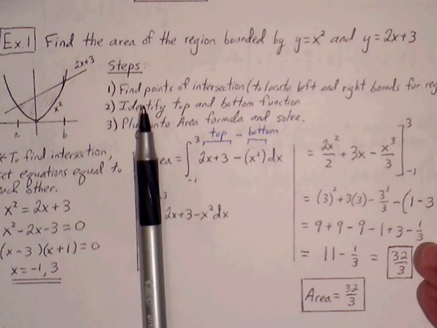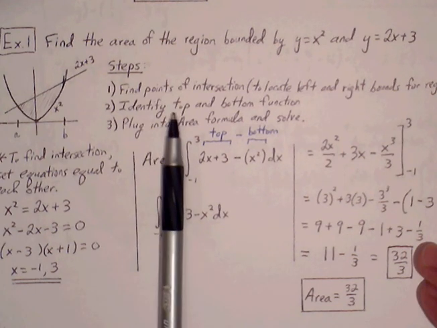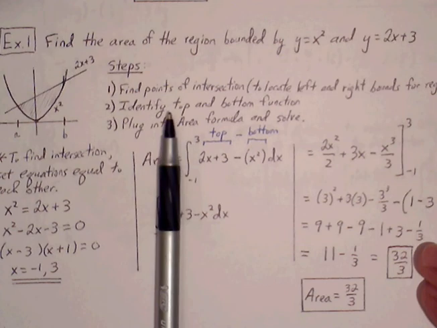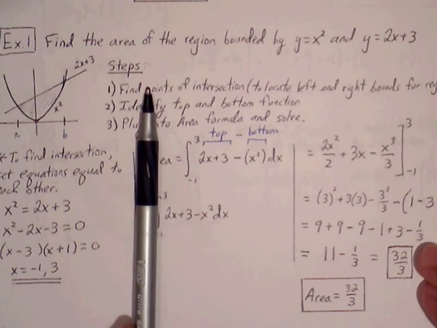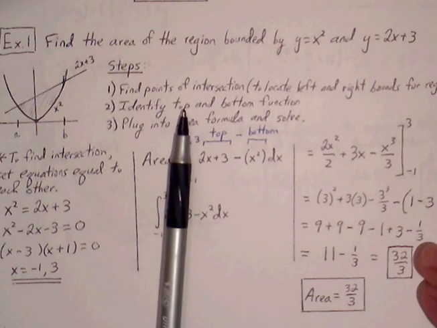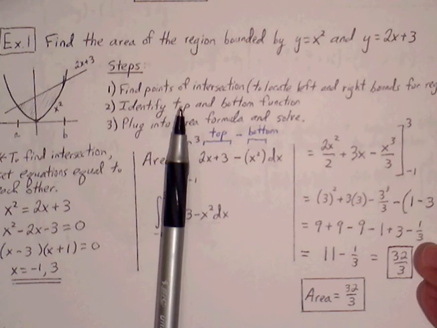Now, something to note is that if it is going to be a top function, it needs to be the top function for the entirety of the interval, from the left to the right bound. So if that top function at any point switches to the bottom function or switches to another function, then we have to look at another formula.